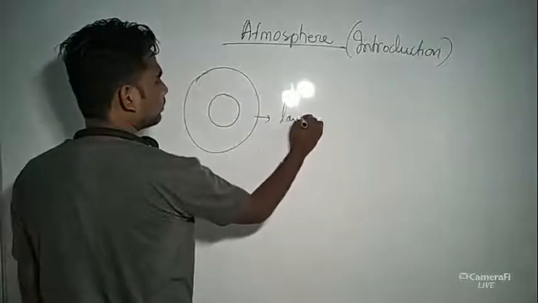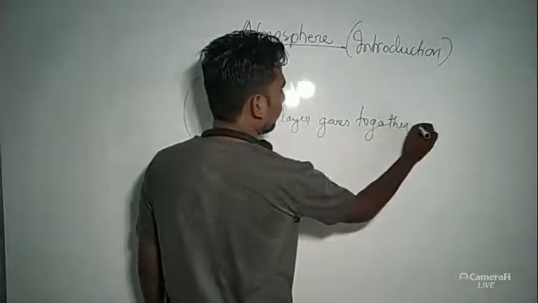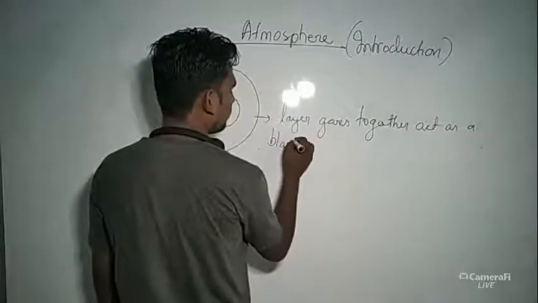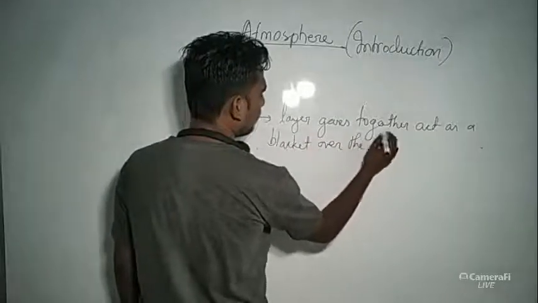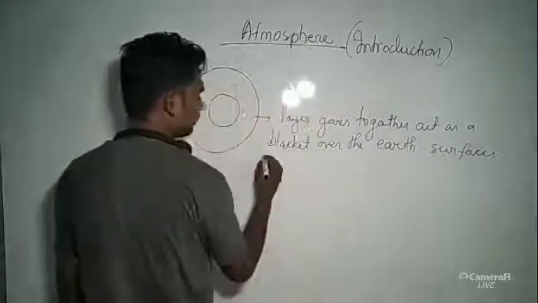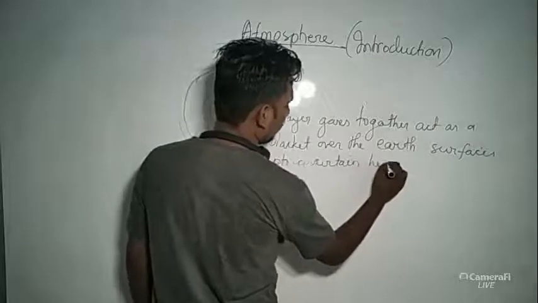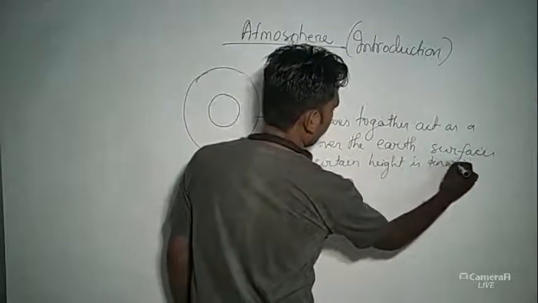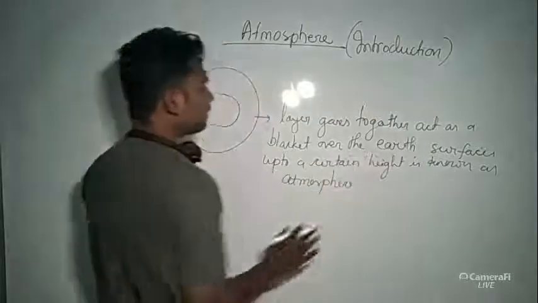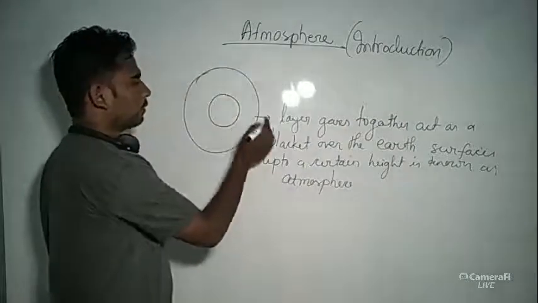A layer of gases together acts as a blanket over the earth's surface up to a certain height, and is known as the atmosphere. In simple language, a layer of gases together acts as a blanket.